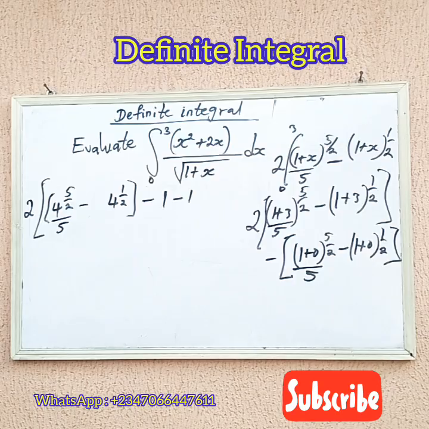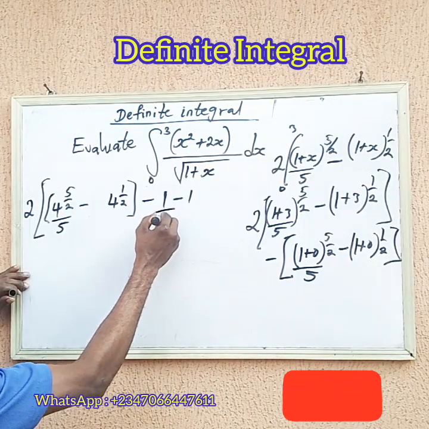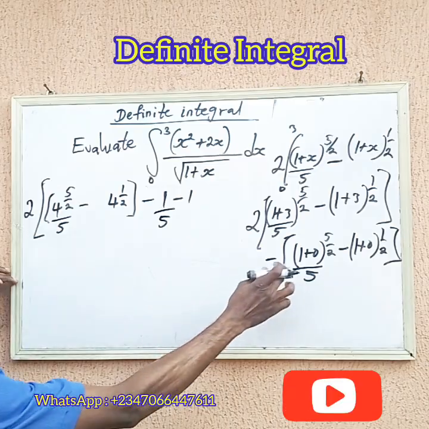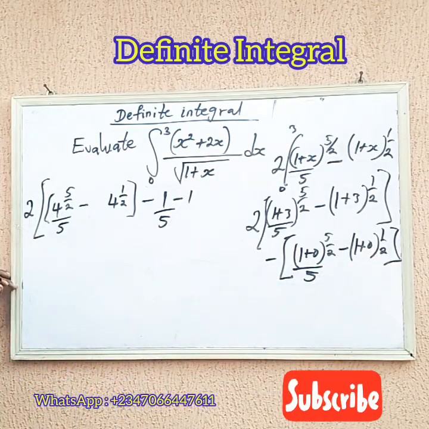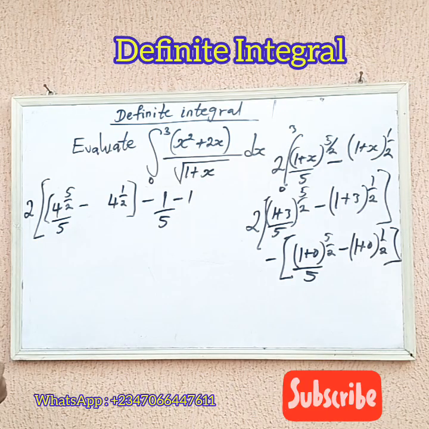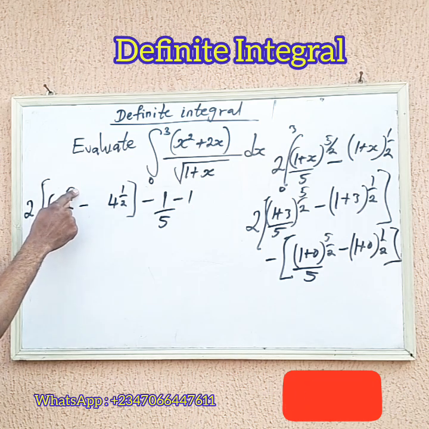So what we have here is, okay, this will now give us 1 over 5, because 1 raised to power 5 over 2 is 1. Then minus that. This one is saying the square root of 4 raised to power 5.